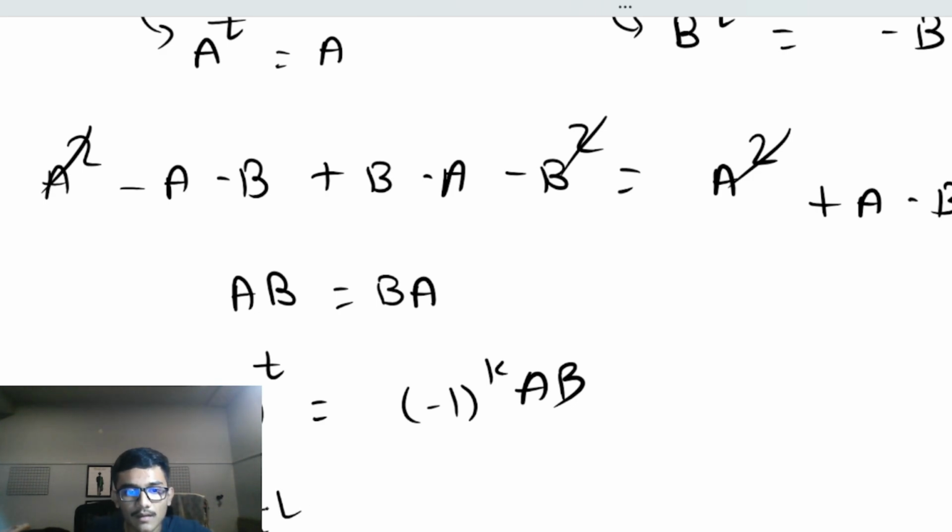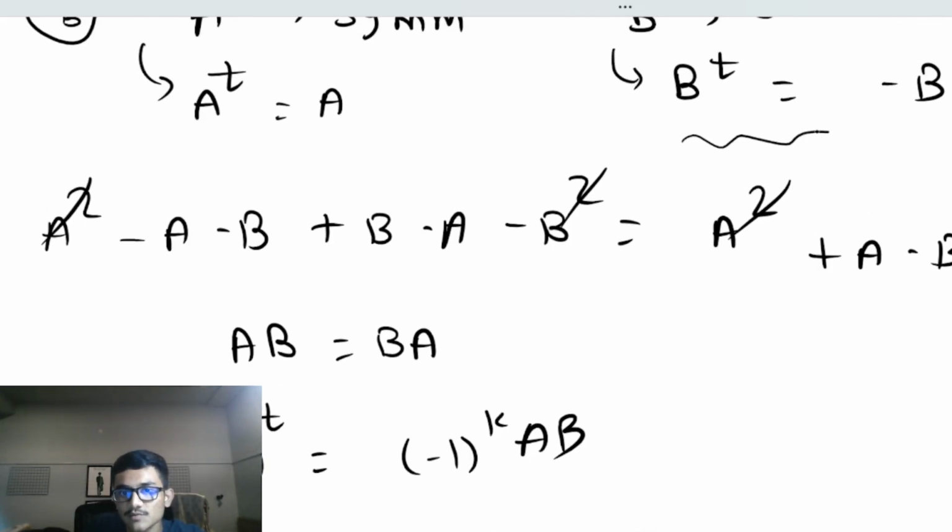This is also a property of matrices. You should know. Now we just saw that B transpose will be given as minus B, and A transpose is equal to A only. So minus BA equal to minus 1 to the power K, and AB can also be written as BA.